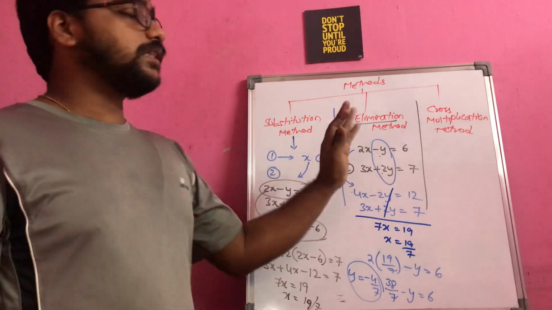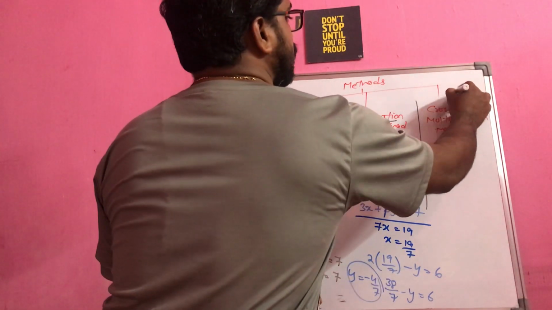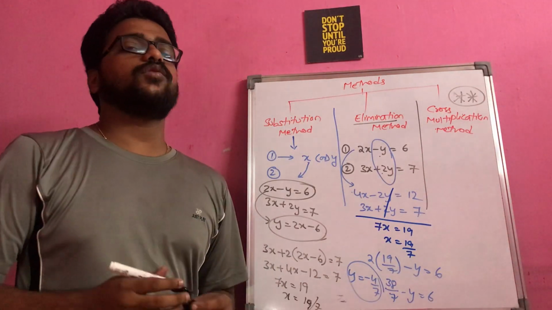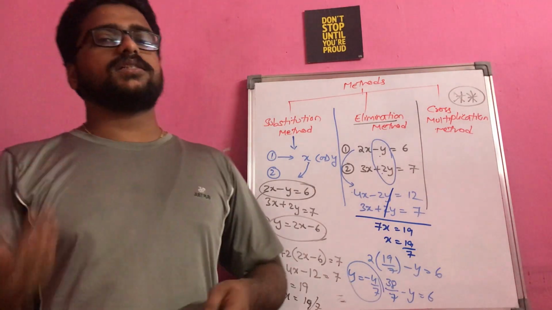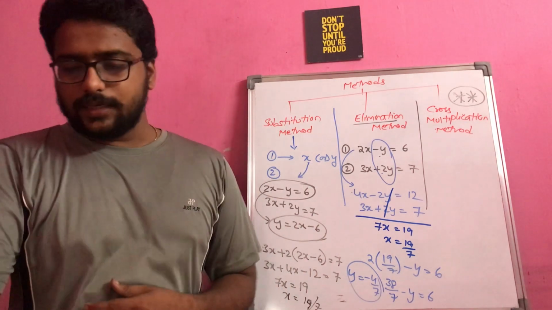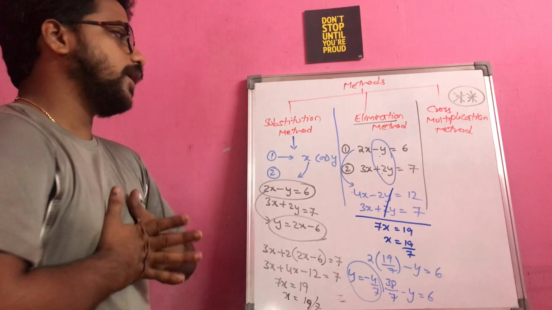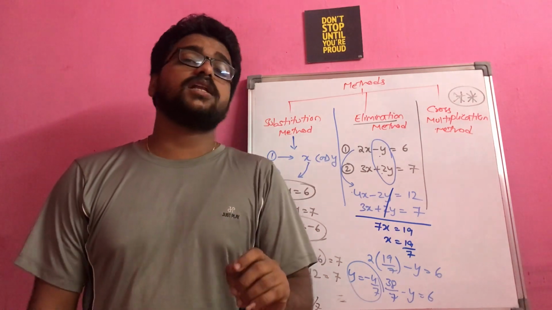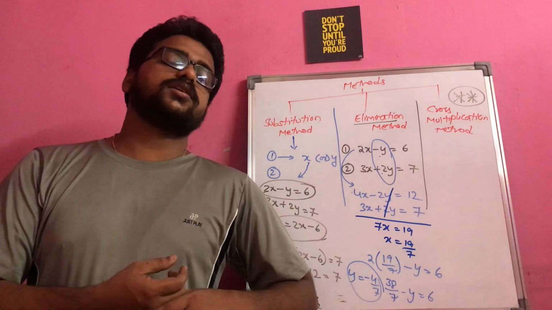And out of these three methods, the cross multiplication method is a very important method, in the sense that we can use this method in later stages also. We know one basic fact that the number of variables represents the number of equations you need to get the solution.